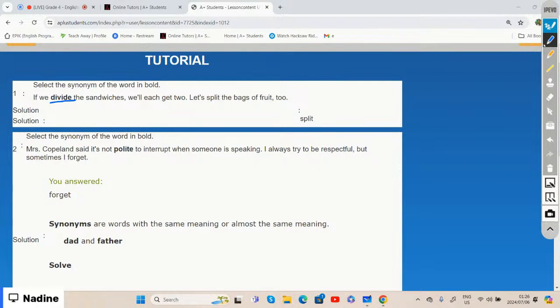What is the synonym of divide? We need to look in the second sentence for the synonym of divide, or the word that is the same as divide, or the word that is almost the same as divide.